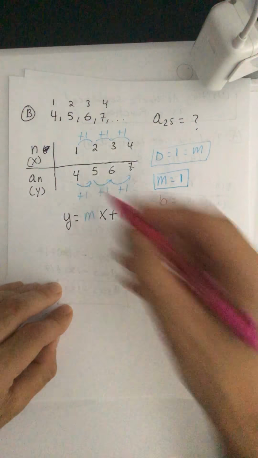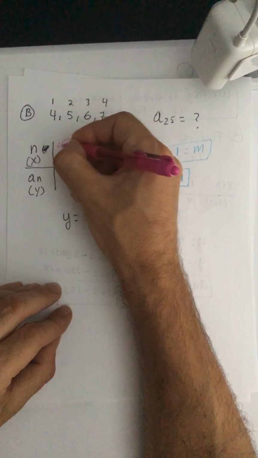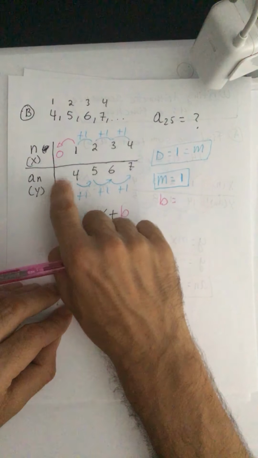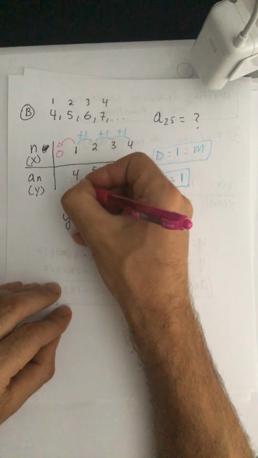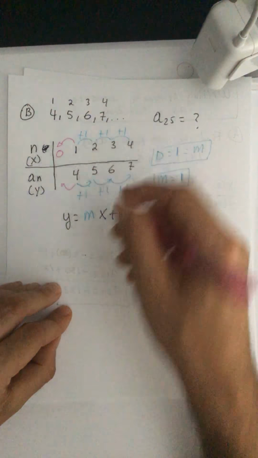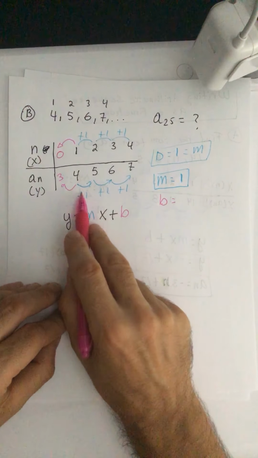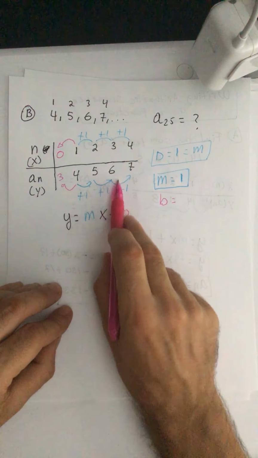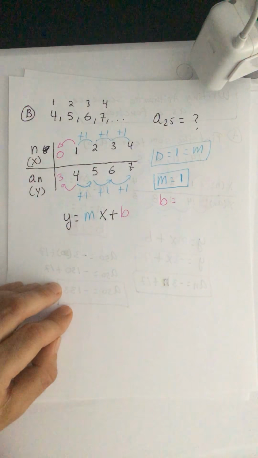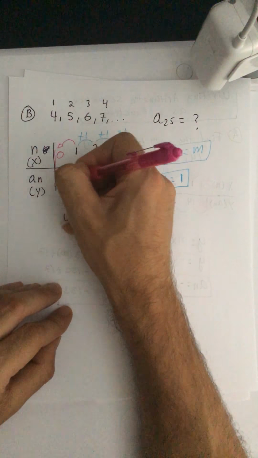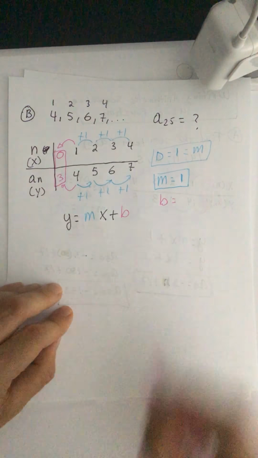So if I go 1 back here from 1, that will be a 0. Okay, x is 0. This one is going to be my y-intercept. So if I go back here, that will be a 3, because we're doing the opposite, right? If adding 1 going this way, we're going to be subtracting 1 going that way. So over here is my y-intercept, 3.